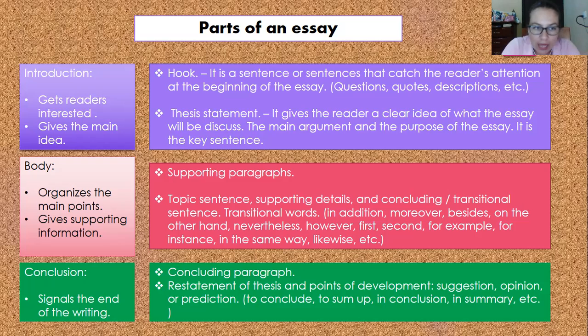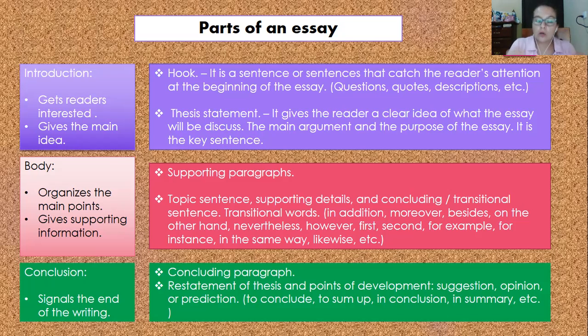We can recognize the body paragraphs through transitional sentences or transitional words, for example: in addition, when we are adding something, moreover, besides. When we have to contrast: on the other hand, nevertheless, however. When we have a sequence: first, second, third, and so on.